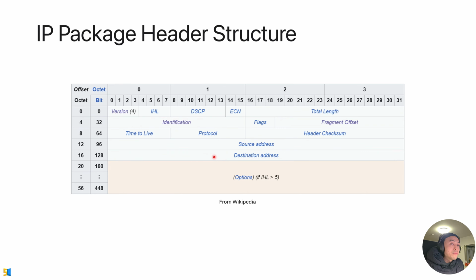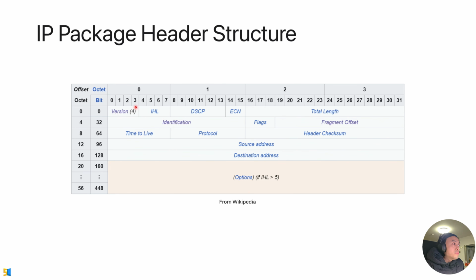So 5 times 32 is 160, divided by 8, it will be 20 bytes, right? So that's the minimum size of the header. But if it has options, it can be up to 60 bytes.